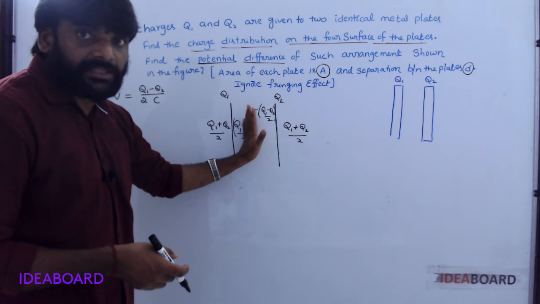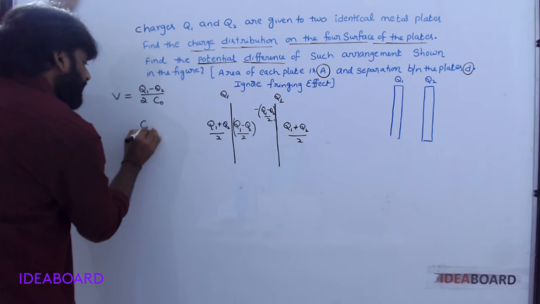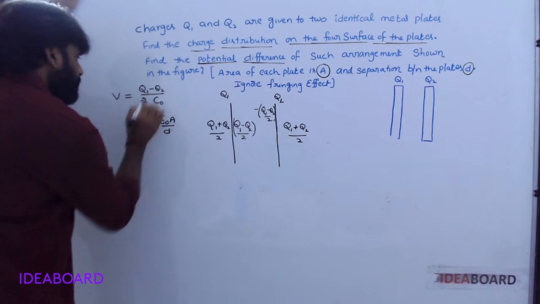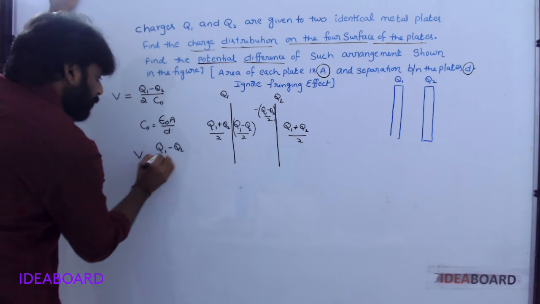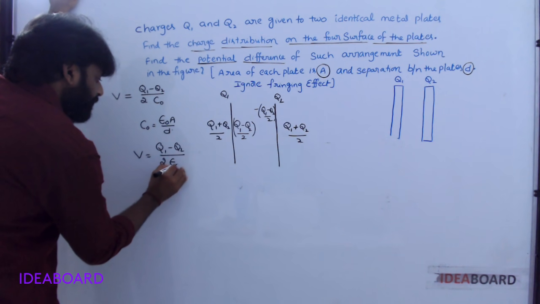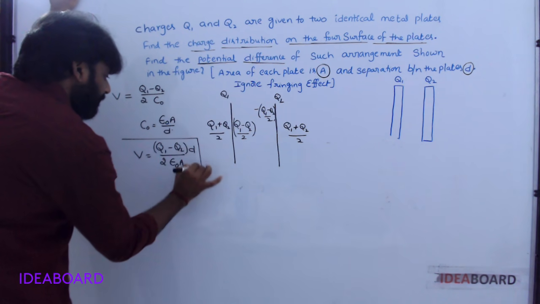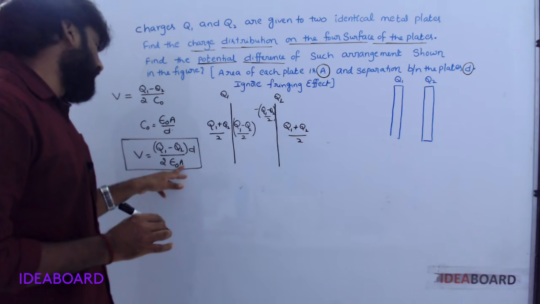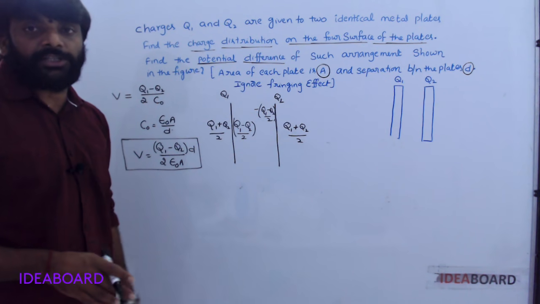Understood? Here C naught is equal to epsilon naught A by D. So the potential V equals (Q1 minus Q2) by 2 epsilon naught A by D, that is, (Q1 minus Q2) D by 2 epsilon naught A. Understood? Okay.